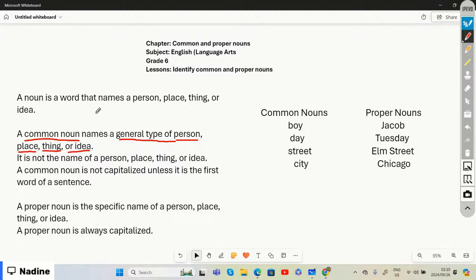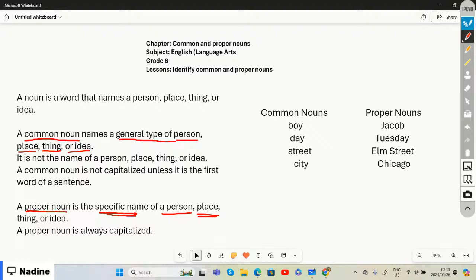And then we have proper nouns. A proper noun is a specific name of a person, meaning the name that was given to you by your parents and that is on your birth certificate. It is a specific name of a place. Instead of just saying, I'm going to school, you're giving the name of the school.